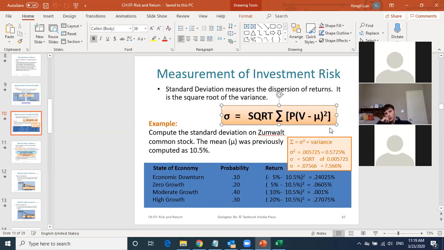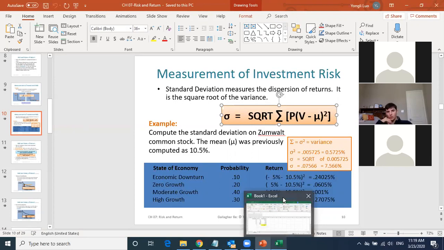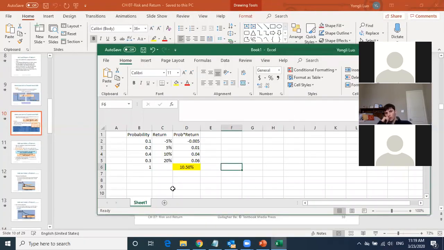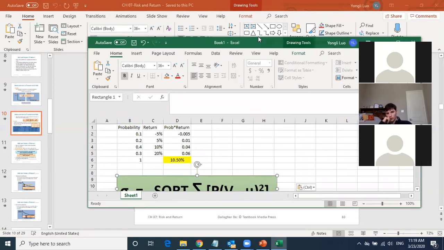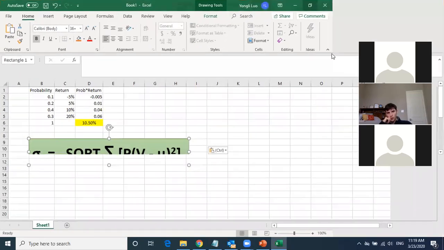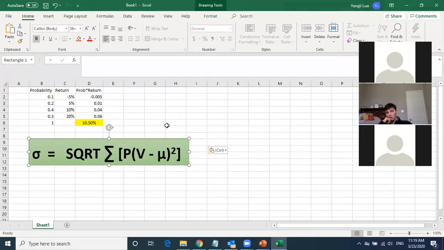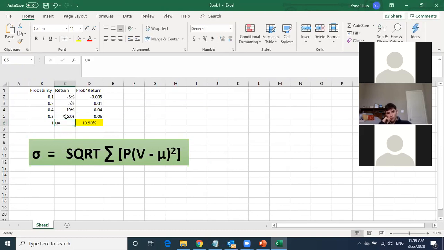It's kind of complex, so I will show you how you can handle this using Excel. Let me paste this function right here so you know which part is which. This one is the mean, the one you calculate, for the standard deviation.